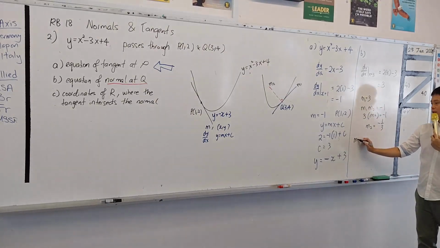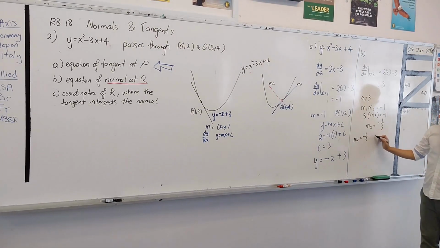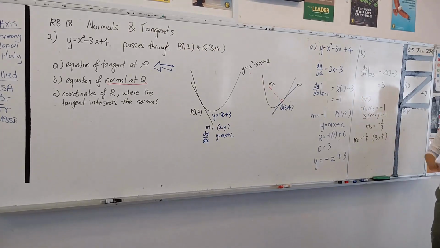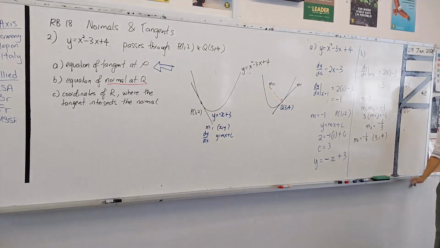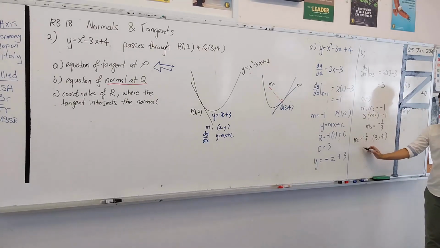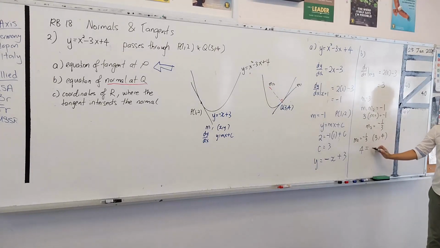So now I have the gradient, I have the x, and I have the y. Let's substitute. I'm not going to write y equals mx plus c anymore because I'm running out of space. So let's put it down. What's the first number? y equals 4.